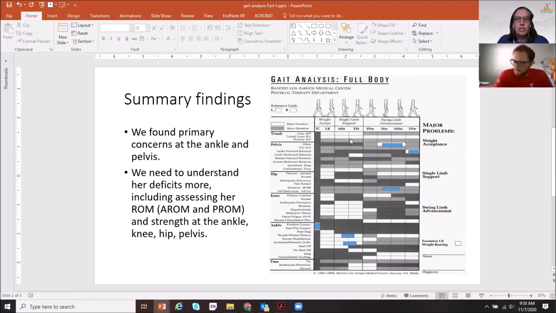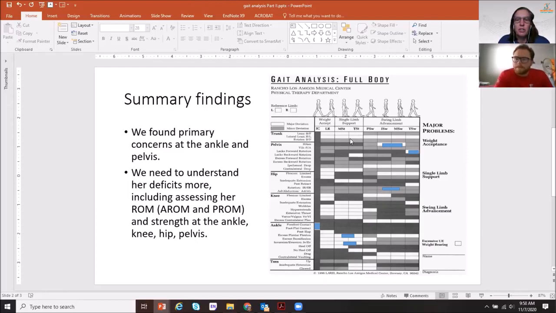And so the concerns that we found were that the pelvis had a mild hip hike. It was not consistent. She would utilize that hip hike when she didn't get enough toe clearance or knee flexion. But the other one that was probably more pronounced was the lack of forward rotation in the hip and the hip being retracted. The other thing of interest is that the hip did show some external rotation in order to clear.